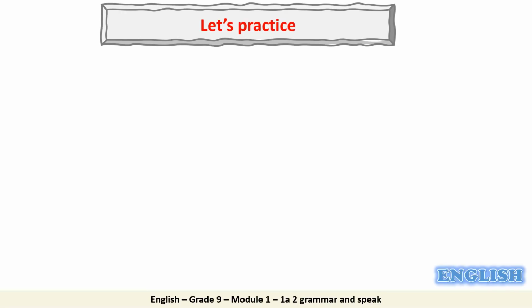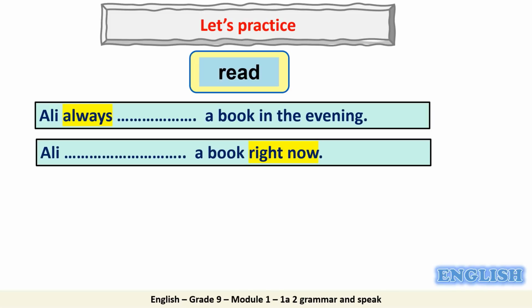Let's practice more about using present simple and present progressive. Study these two sentences. Use the verb read in the correct form after choosing the correct tense. Look at the highlighted words, they will guide you.